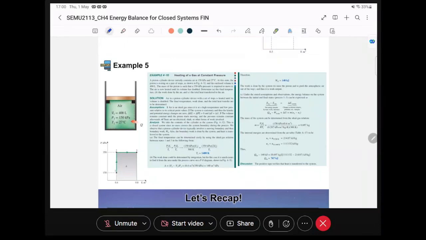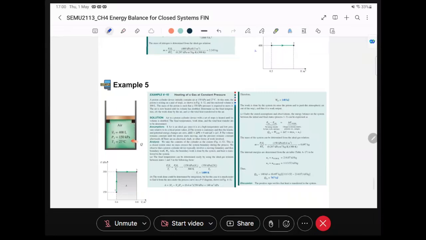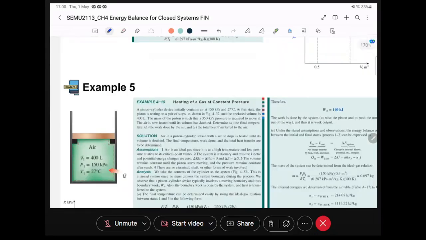Okay, in the absence of mass exchange, there's only heat exchange, there's only work exchange. Remember the core equation that we are writing.